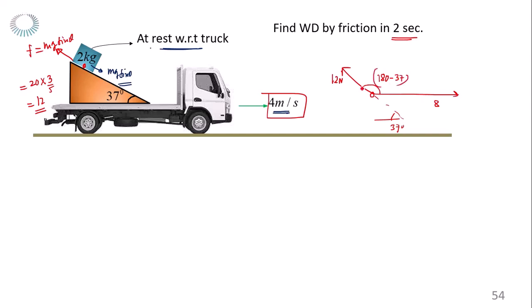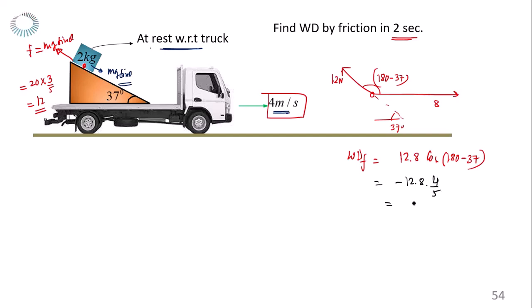So the work done by friction over here is equal to how much? 12 into 8 into cos of (180 minus 37). Cos of (180 minus theta) is minus cos theta. So ultimately it becomes minus 12 into 8 into cos 37, which is 4 by 5.